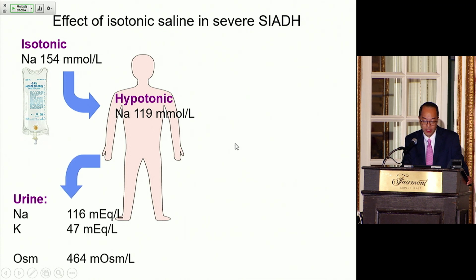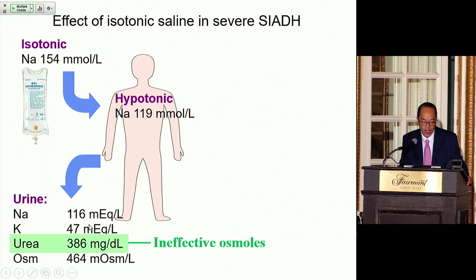Well, no, because it all depends on what they're putting out in their urine. So, for example, in a patient like this, whose urine osmolality is quite high, 464, and is composed of sodium, potassium, and urea. So I didn't put the urea here because it's an ineffective osmol.